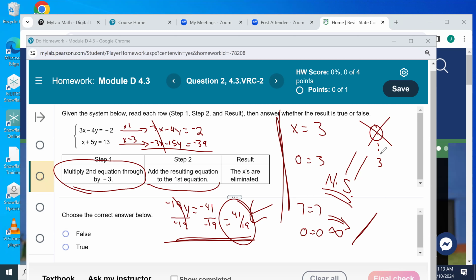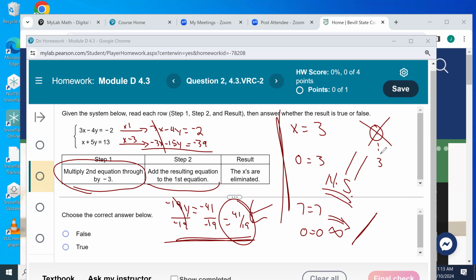Now, I got this 41 over 19. That's what y equals. How do I get the x number? You would use 41 over 19 in the top equation. That's exactly what we teach. That is not what I would do. Why would I not do that? Because it's ridiculously difficult.